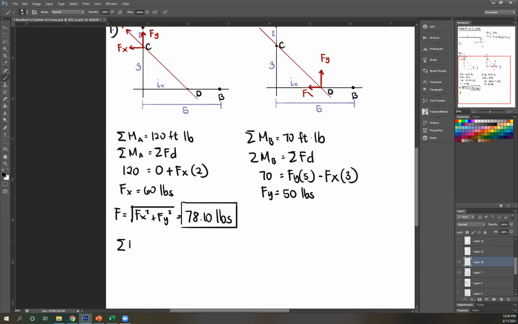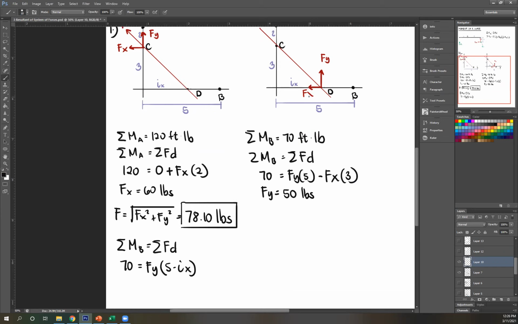Once again, the summation of moment about B is equal to 70, which is equal to the summation of Fb. So 70 equals, considering this, let's start with Fy. Fy is clockwise about B, so positive Fy. Then the perpendicular distance, which is again just 5 minus Ix.